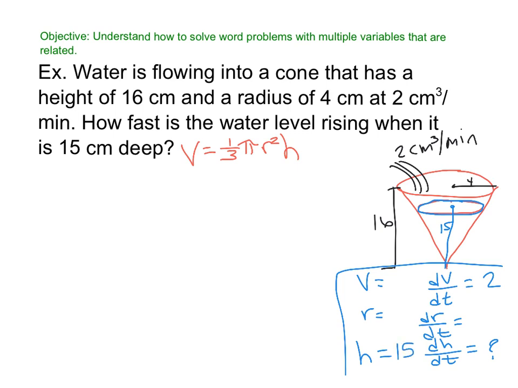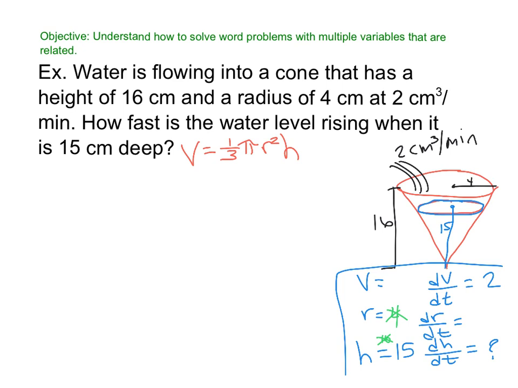Now, here's the thing with the 16 and the 4. That's the entire, giant cone. It's not the actual water, and here's the issue. We can't put 4 here, and just as we can't put 16 here, because that's not the height and the radius of the water. That's of the entire container, right?